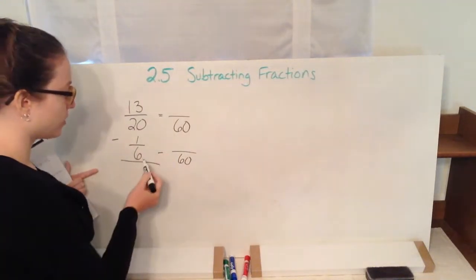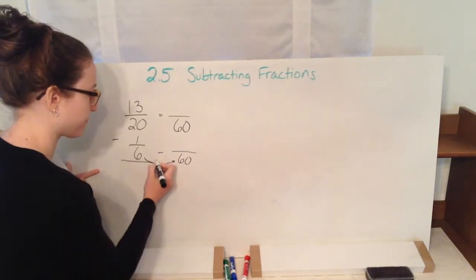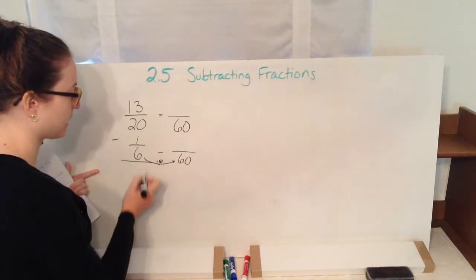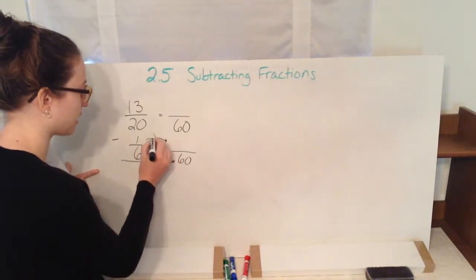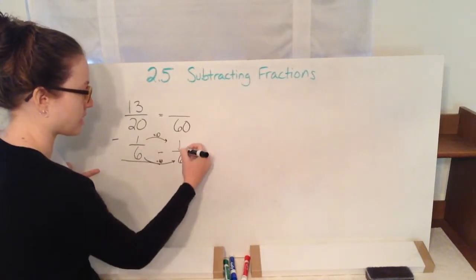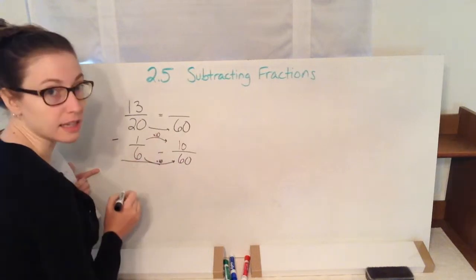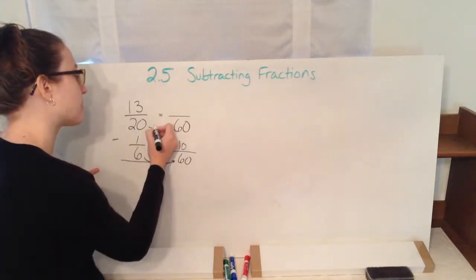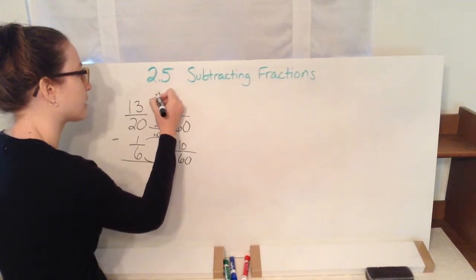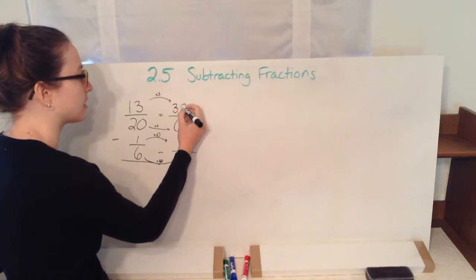And what we need to do is say, how did I go from 6 to 60? I multiply by 10. So therefore, I'll do the same thing here. Times 10, and we get 10. How did I go from 20 to 60? From 20 to 60, I multiply by 3. And we'll do the same thing on the top. 13 times 3 is 39.